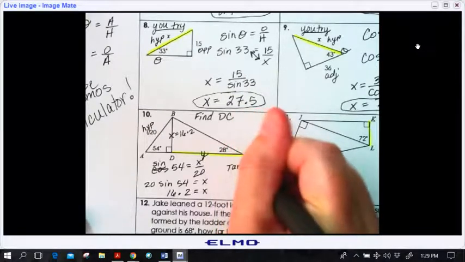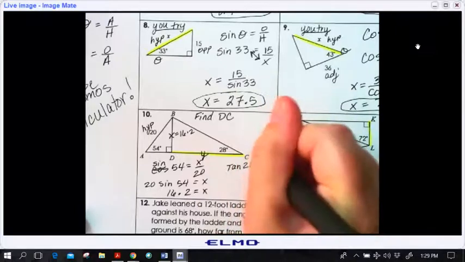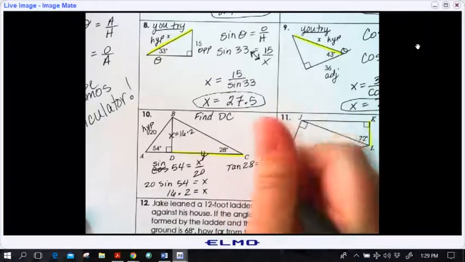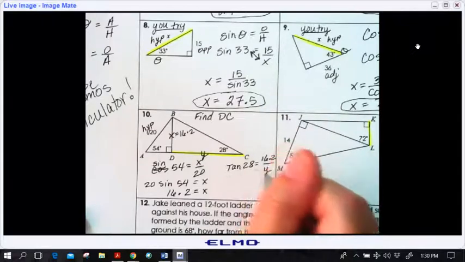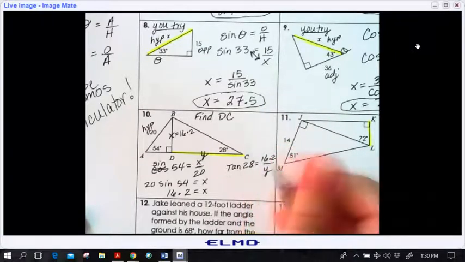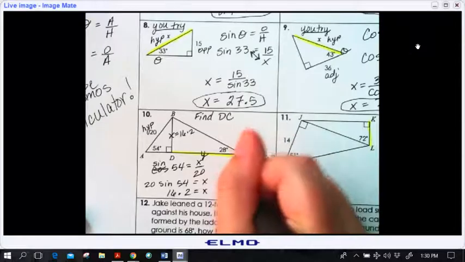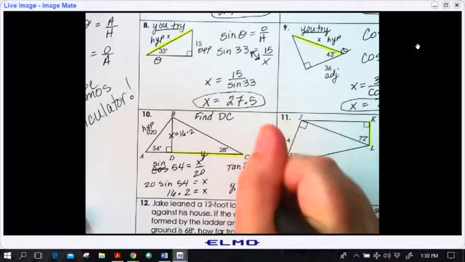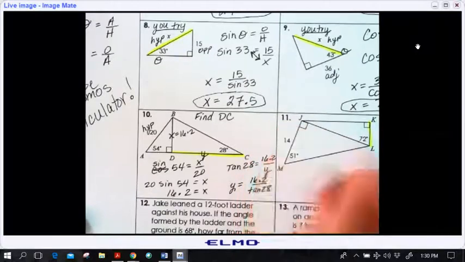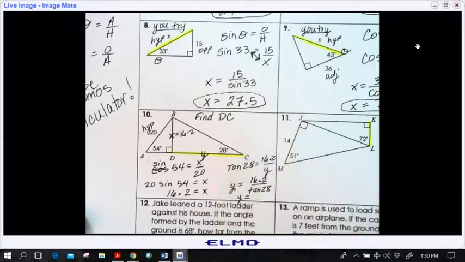Tangent of 28 equals 16.2 over Y. Remember our shortcut, we're just going to flip these around. So Y equals 16.2 divided by tan of 28. And when I type that into my calculator, I get 30.5.